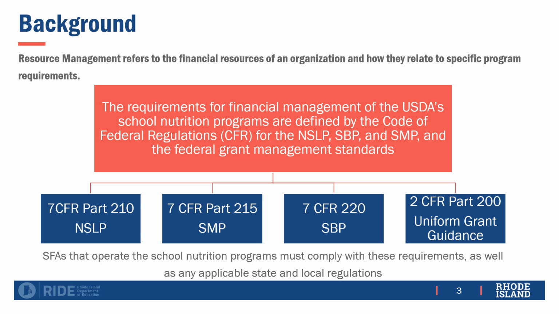In other cases, RIDE monitors compliance through the routine collection of documentation, such as through our net cash resource and paid lunch equity collection processes. Regardless of the oversight mechanism in place, it is imperative that SFAs have the processes and systems that result in ongoing compliance with the resource management requirements.